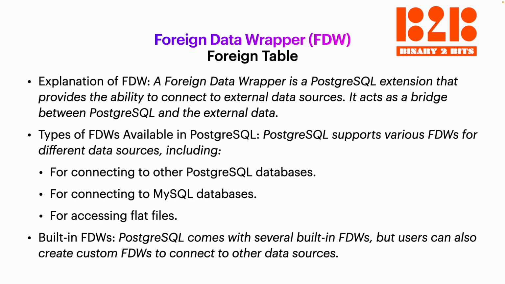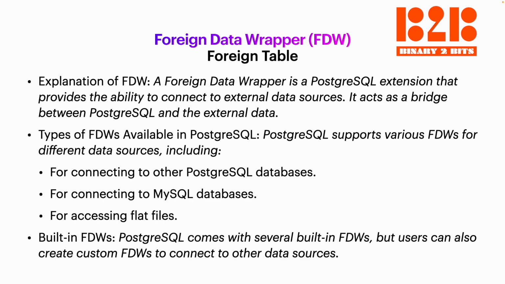We need to execute a command to create that extension, and it acts as a bridge between two databases, or between Postgres and object storage or file storage. It provides the features to access that different source data.